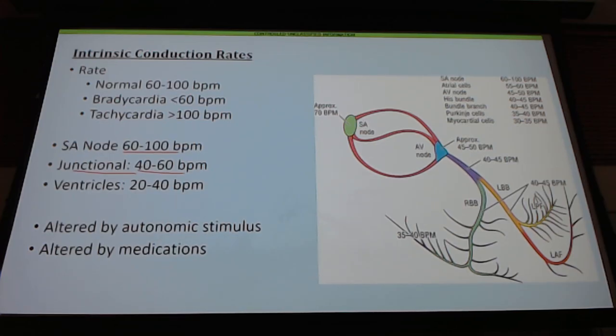You're still going to have action potentials generated. Maybe not at a rate that meets our physiologic exertional demands, but at least the heart is still going to beat and still going to circulate blood to maybe meet the bare minimum so we're not in cardiac arrest and dead, right? So it's nice to have this redundancy built into our system.